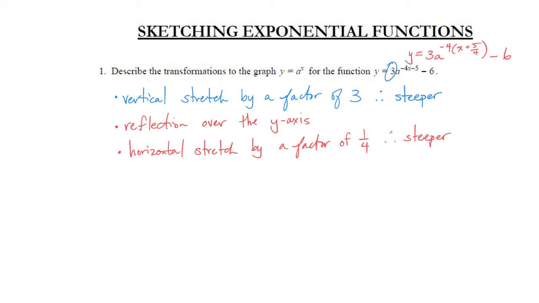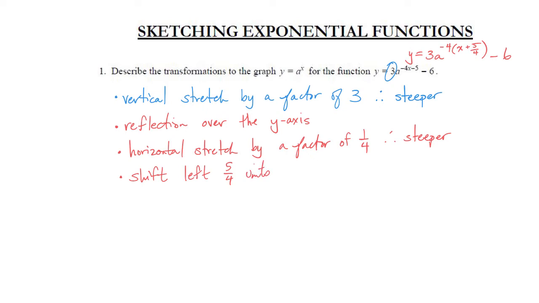Okay, now I can address that plus 5/4. I know that that's attached by addition or subtraction, so it is a shift. I see my plus in there. I know I've got to deal with my opposite operation, so I'm shifting it left 5/4 units.